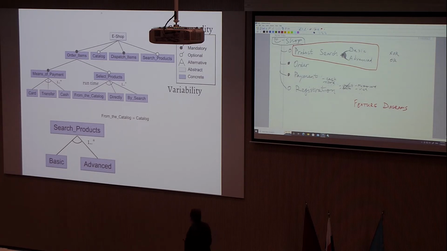So what you're modeling here by this simple notation is variability, mostly. You're targeting variability. Those other features that are mandatory and bound directly to this high-level concept of eShop, they are constituting commonality.